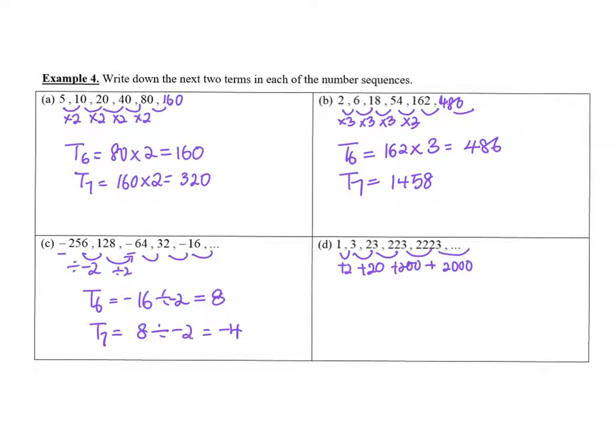So if that's the case, to find term 6, I'll take 2223 and add 20,000. That means I'll get 22223. Therefore, term 7 will naturally be 222223.